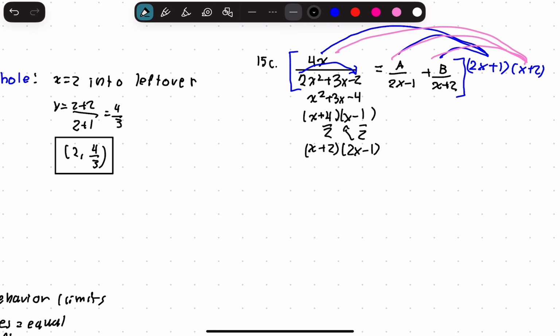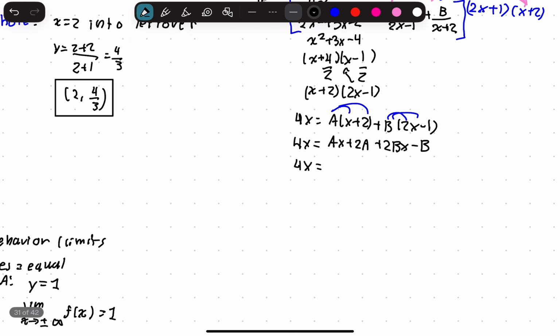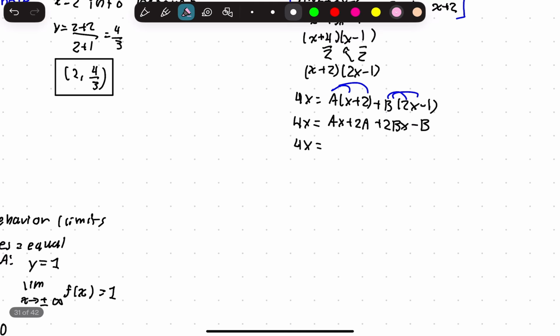So then we get 4x is going to be equal to A times x plus 2 plus B times 2x minus 1. And then expanding this, we get 4x is going to equal Ax plus 2A plus 2Bx minus B. Now we want to combine the like terms.